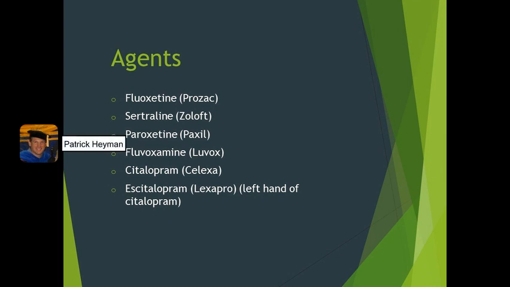Okay, here are some very common agents: fluoxetine, sertraline, paroxetine, fluvoxamine, citalopram, and escitalopram. All right, so let's briefly talk about the difference between citalopram and escitalopram. Citalopram, or Celexa, was the original drug, but it's a racemic mixture. Drugs come in mirror images of each other.